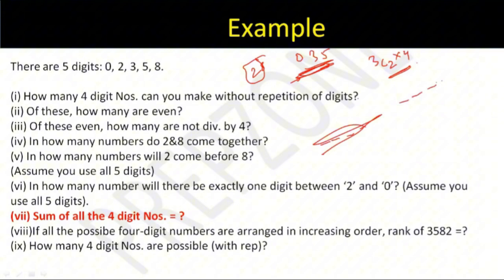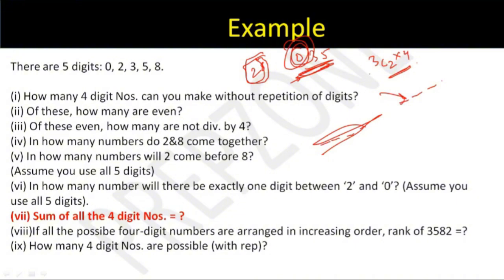So what you're saying is that because we wanted a 4-digit number, we definitely would want 2 and 8 to be there. If 2 and 8 is already there, we just need 2 more digits out of it. Right? Now what you're saying is that, but see, because there is a 0, that is always going to sort of create a problem for you. 0 cannot come here on the top. And hence, the simple NCR won't work at all.